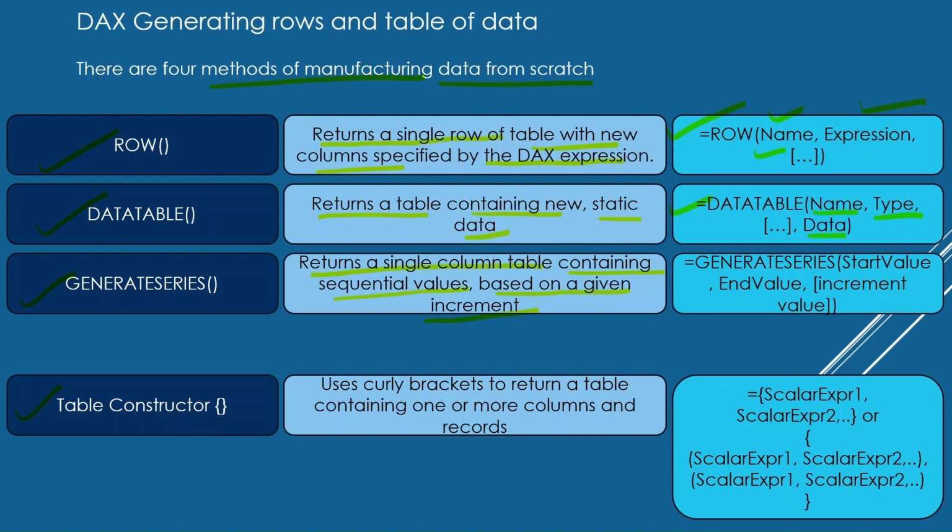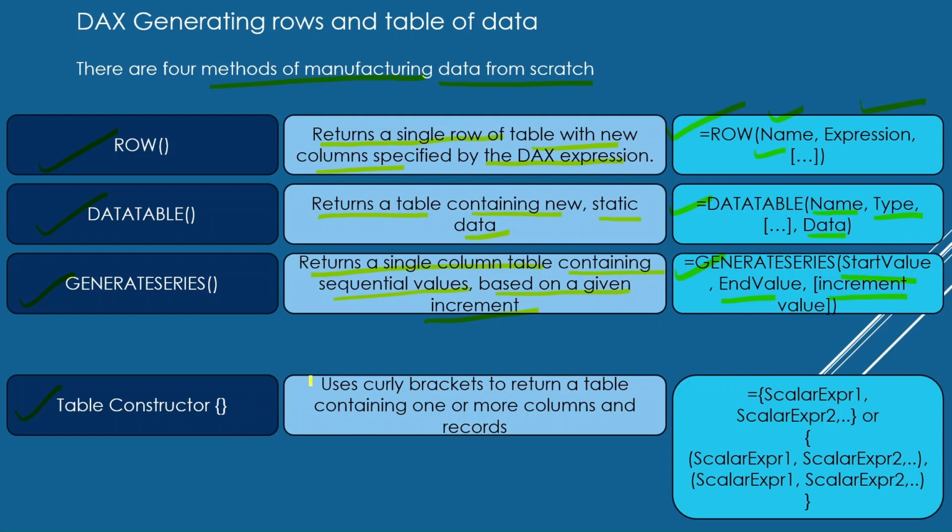With the help of GENERATESERIES, we can create such a table. This is the signature of the GENERATESERIES function. It is taking the start value, the end value, and whatever the increment value is. Based on that, it is going to generate a table.